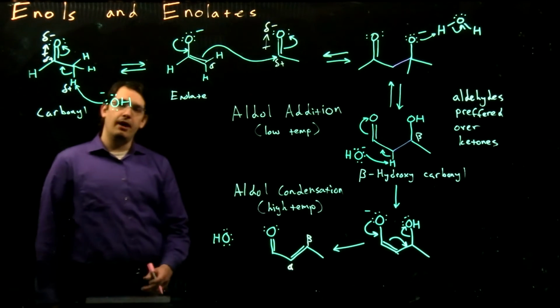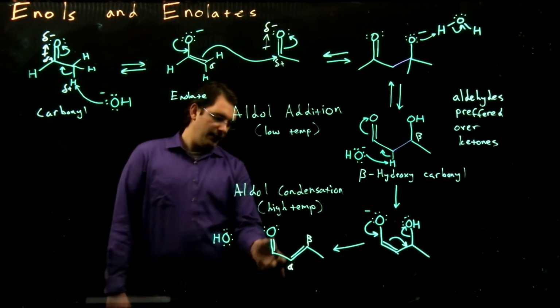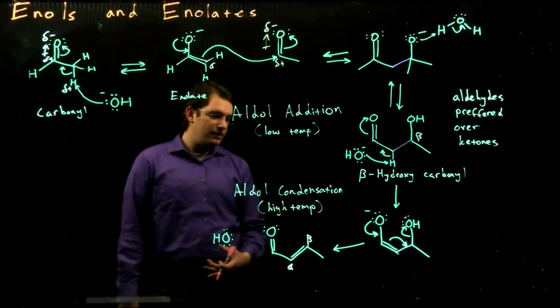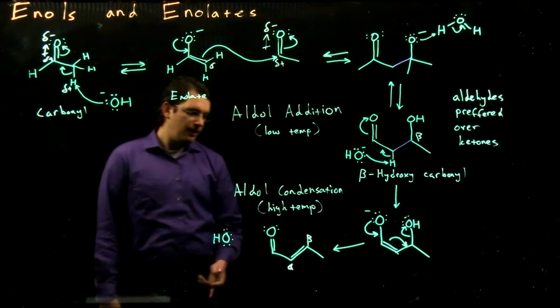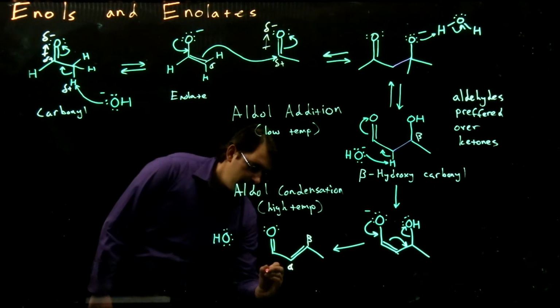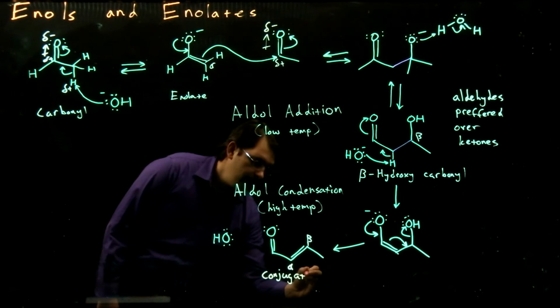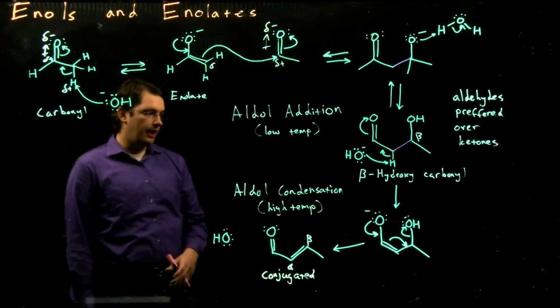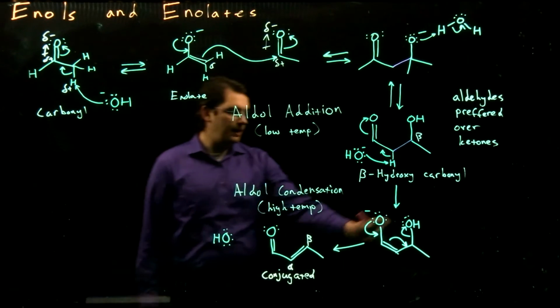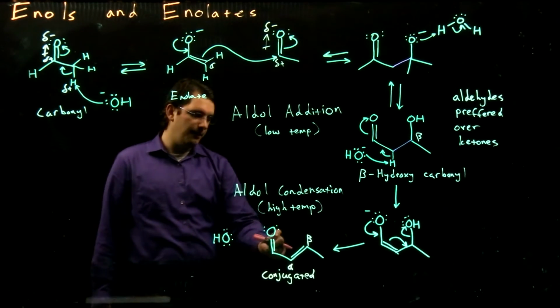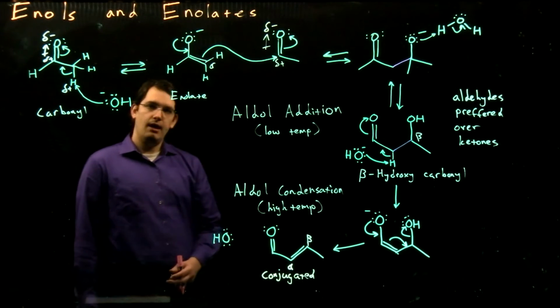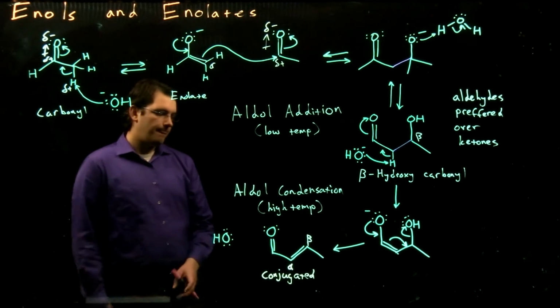Now you might remember from last semester that when we have double bonds sitting next to each other, these can be conjugated, which leads to increased stability. So this will be a conjugated system here, which of course is what drives this overall aldol condensation reaction. By eliminating that hydroxide, we're able to create this double bond that's then going to be conjugated and stabilizing our carbonyl over here.